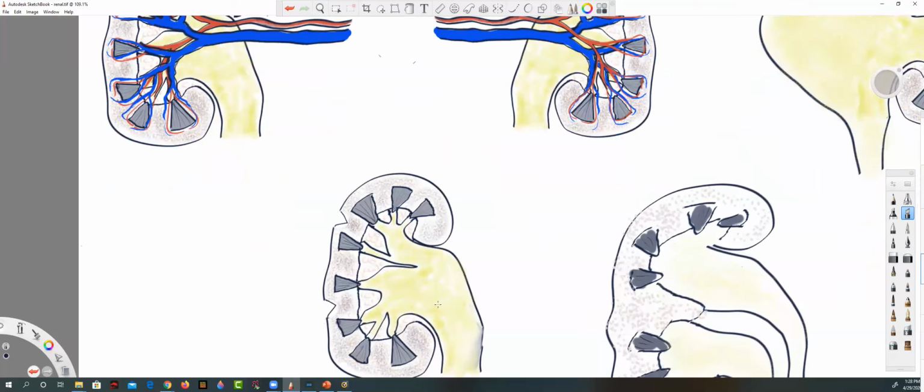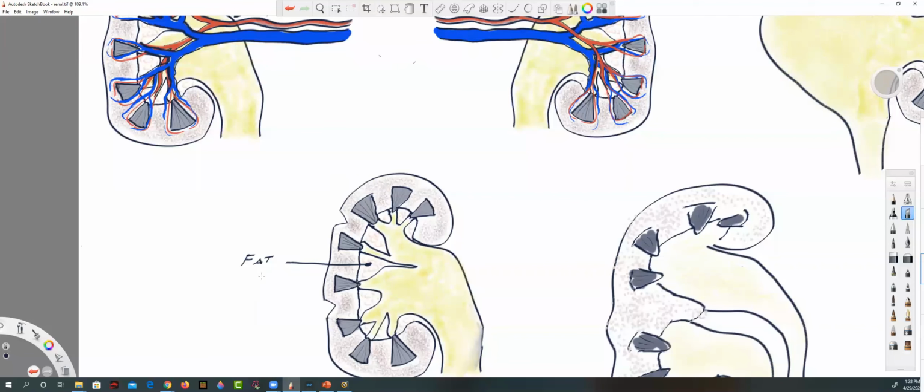So pelvis, collecting system. Okay, fat. We have fat outside of our kidney. We have fat inside of our kidney.